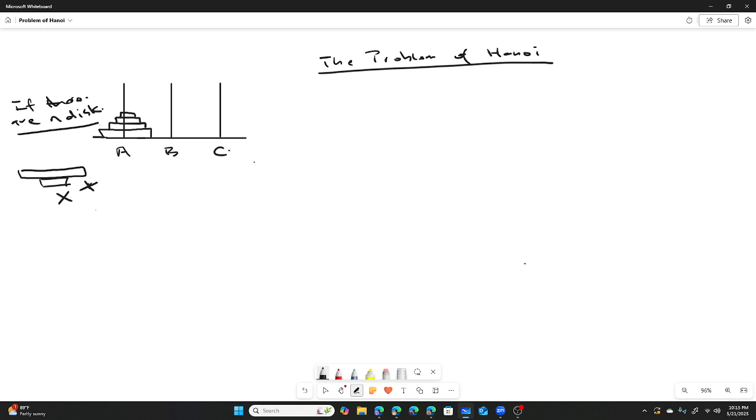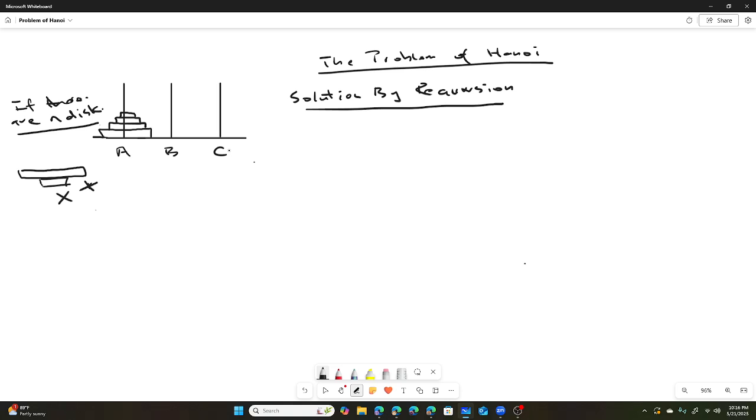So how would we solve this problem? The traditional approach to solving such a problem is through recursion. So, solution by recursion. And I think the best way to see how this works is by looking at some examples.